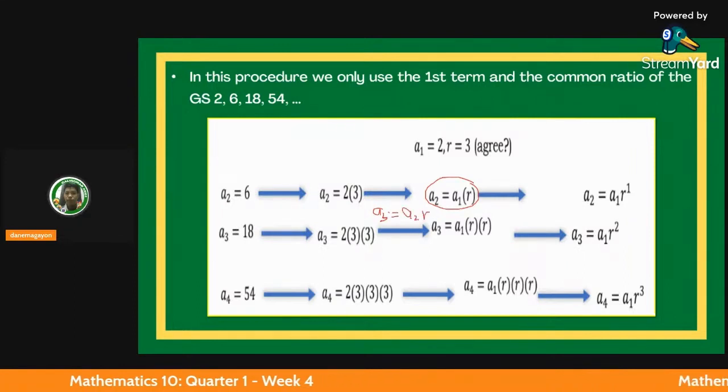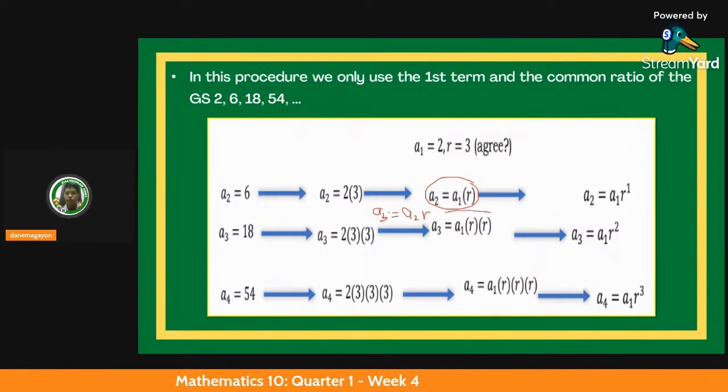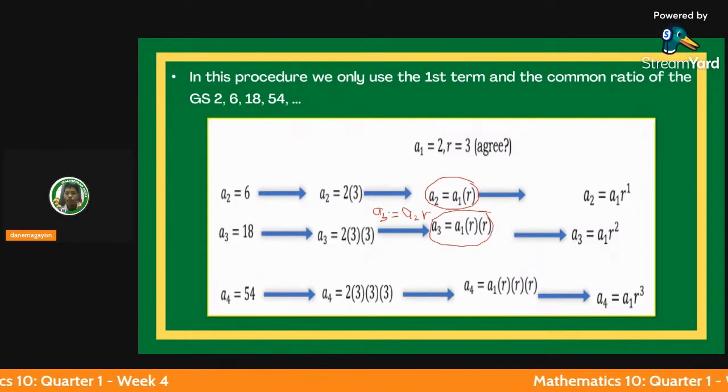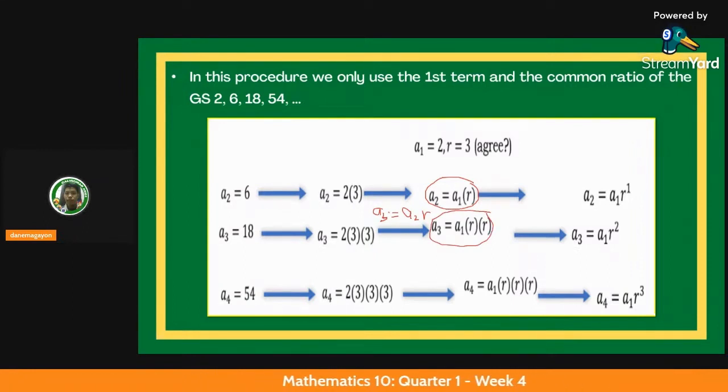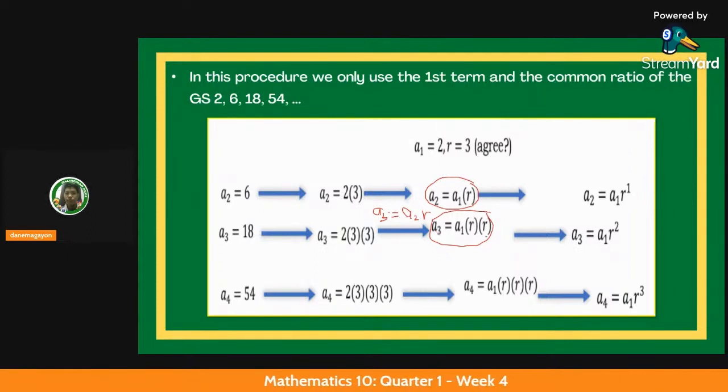And then we try to rename that or form an equation wherein we have a sub 1 as one of the term. Diba pinakita ko dun sa example number 2 natin ng the same module na to. Makikita nyo mamaya. So yun siya. So aside of using a sub 3 equals a sub 2 times r, in order to compute for the value of a sub 3, we can also use a sub 1 times r times r.